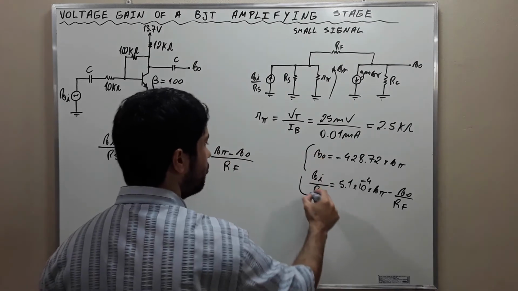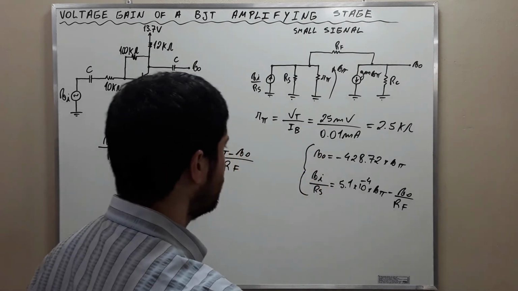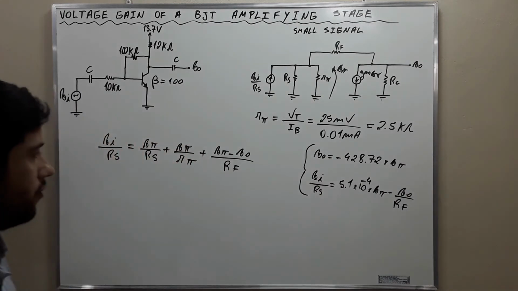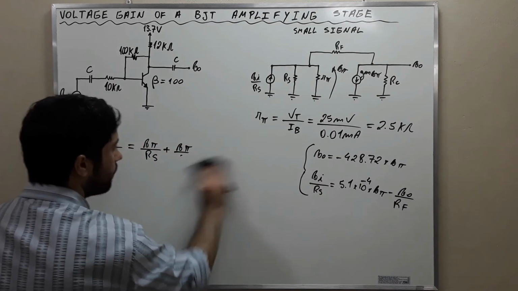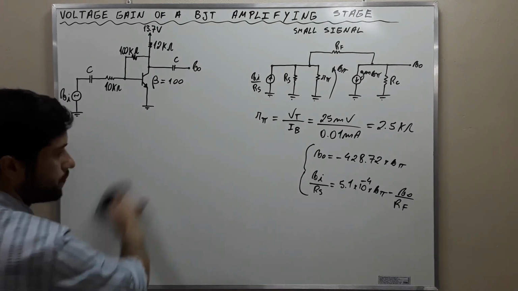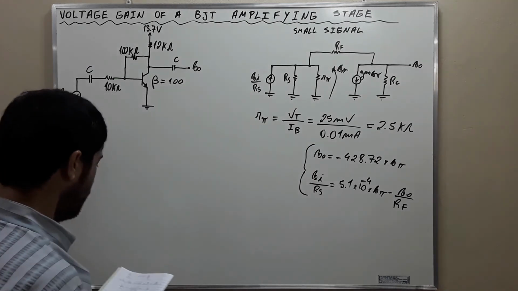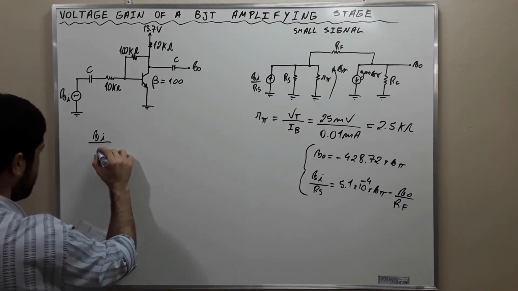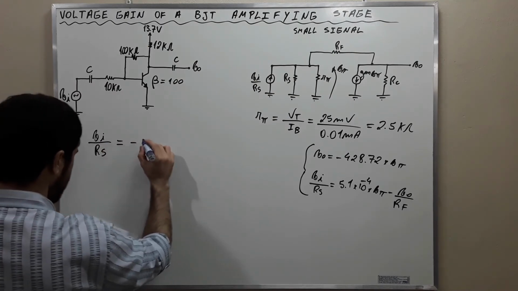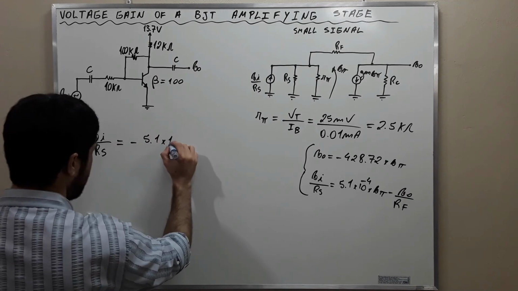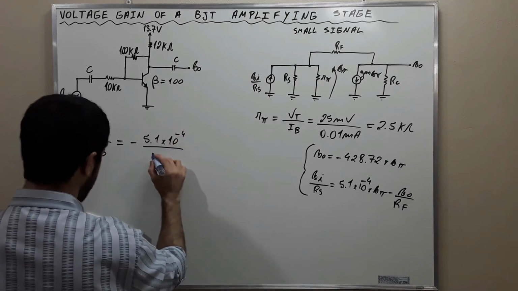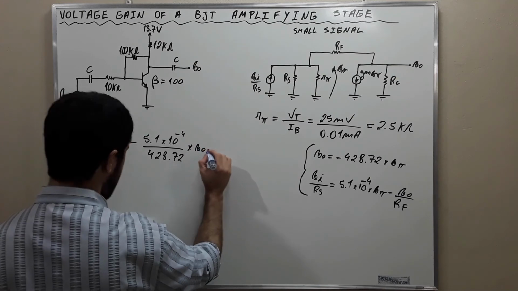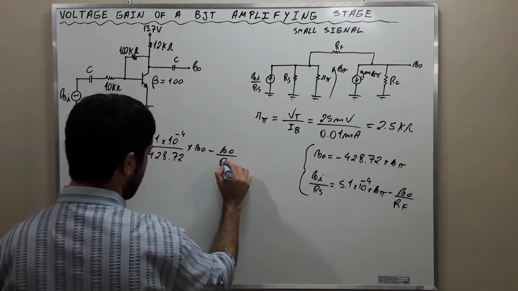We are going to use these two equations here in a system to find what we wish, which is VO divided by VI, the voltage gain. Using these two expressions here, we find that VI over RS is equal to minus 5.1 times 10 to the minus 4 over 428.72 times VO minus VO over RF.